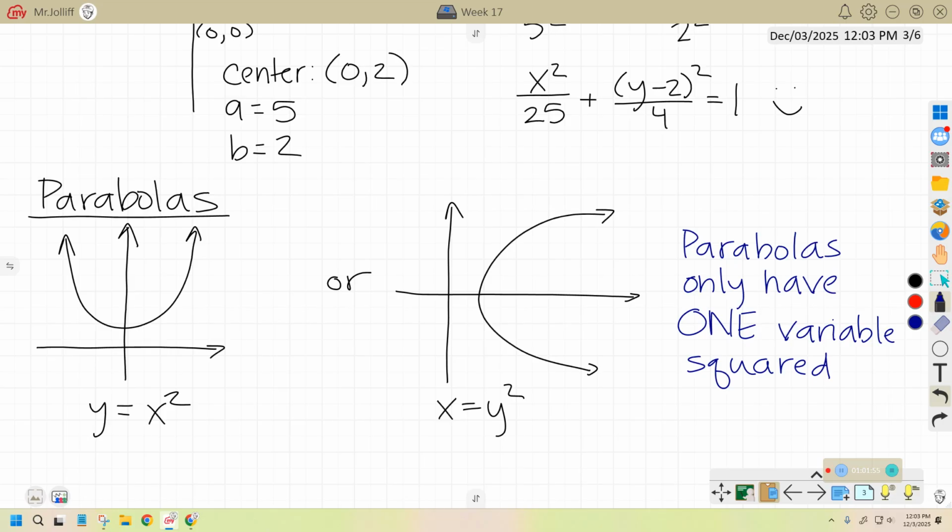We're going to do something a little bit different than the textbook does, because I want to follow the same pattern that we've been using for circles and ellipses. So I'm going to give it in vertex form, because that mimics standard form for circles and ellipses.